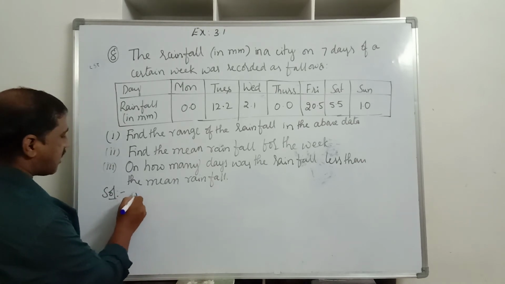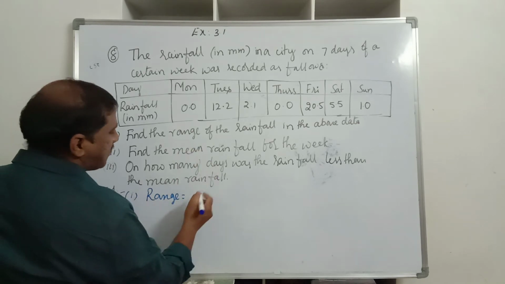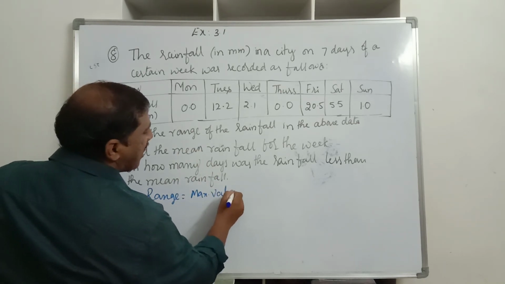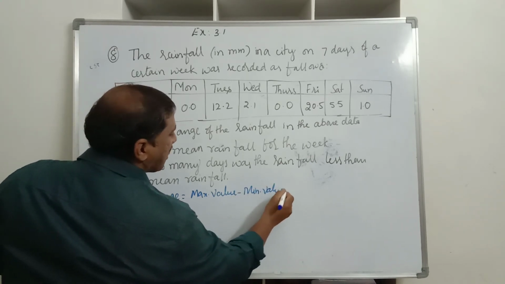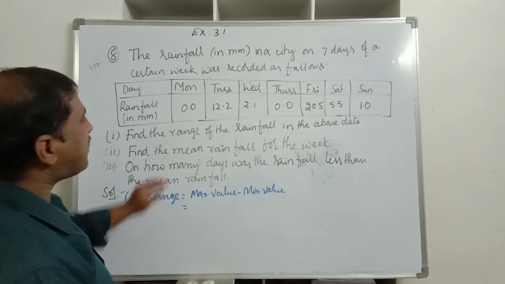First question, the range of the rainfall. So range is equal to what? It is maximum value minus minimum value. That is the formula to calculate the range of the data. Which is the maximum value?